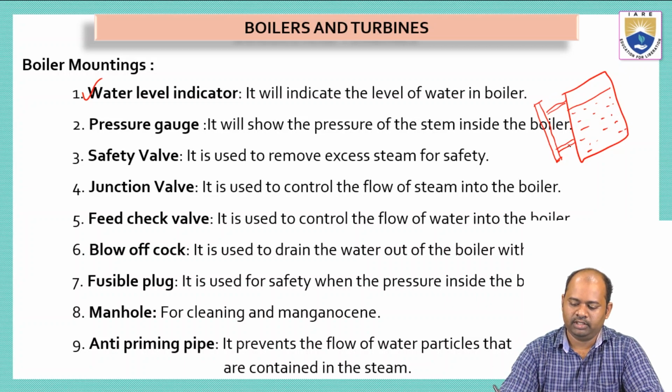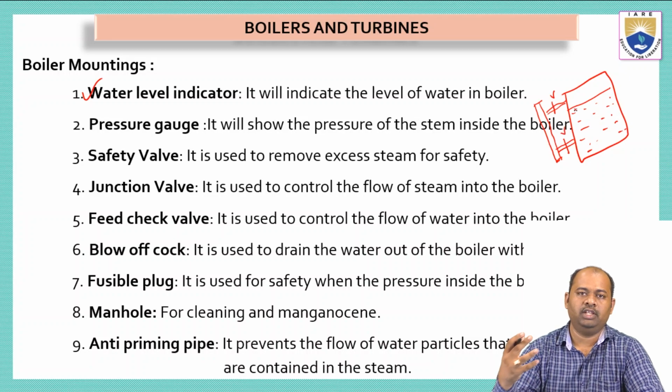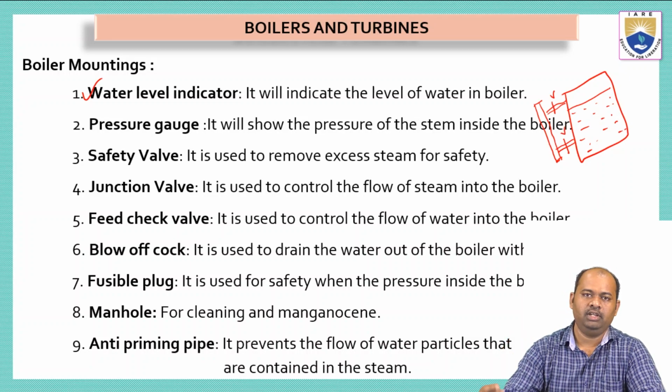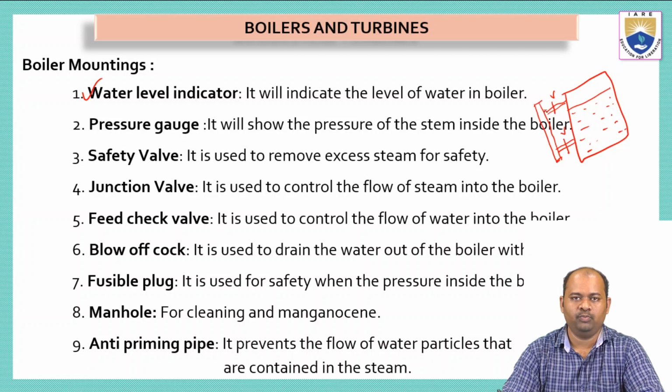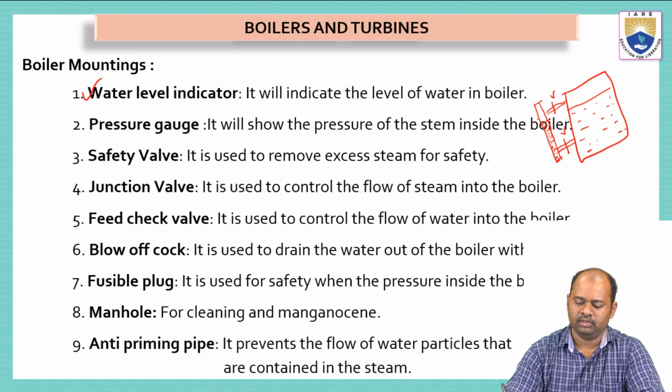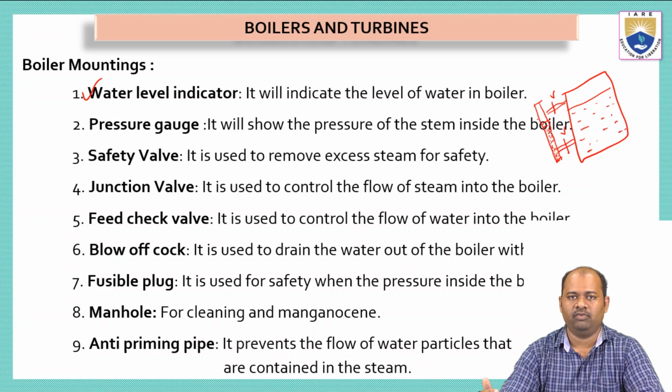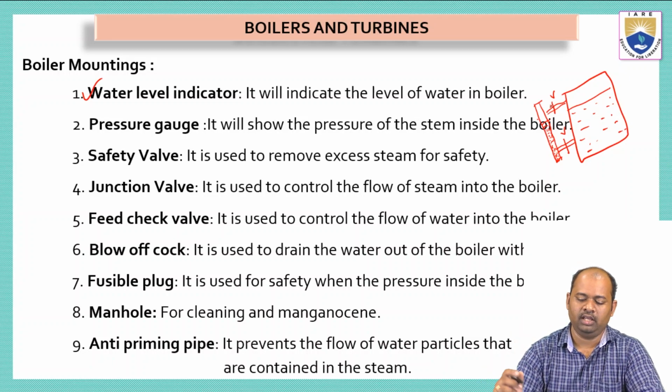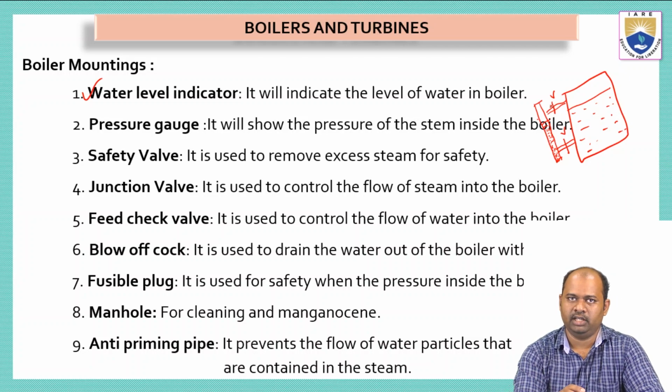So whenever a valve is opened here and here, so these 2 are valves, the water will flow into these pipes. Depending on the level of the water inside the boiler tank, the same level will be shown here. So this is the level of water. So water flows into this tube. It is a glass tube, so that we can clearly see how much water is present in this tube. Okay, so this is the function of the water level indicator.